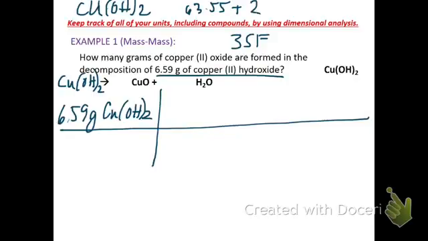So I do 2 times 16. Plus, I have 2 times 1.01 for hydrogen. So I add all that together, and I get that the molar mass of copper hydroxide is 97.57. So it goes on the bottom.